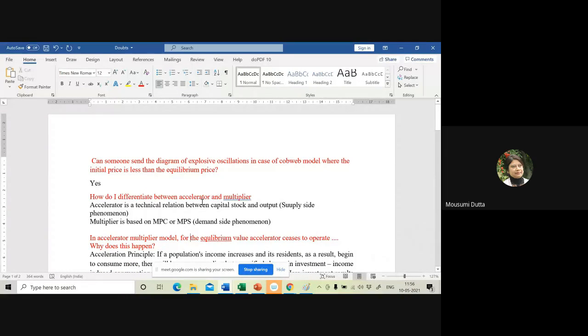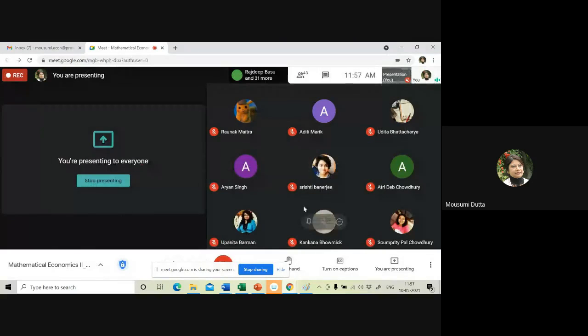I got only one question regarding the cobweb model. Can someone draw the diagram of explosive oscillation in case of cobweb model where the initial price is less than the equilibrium price? So definitely, during the discussion, many a times I discussed the initial price may be below the equilibrium, may be above the equilibrium.